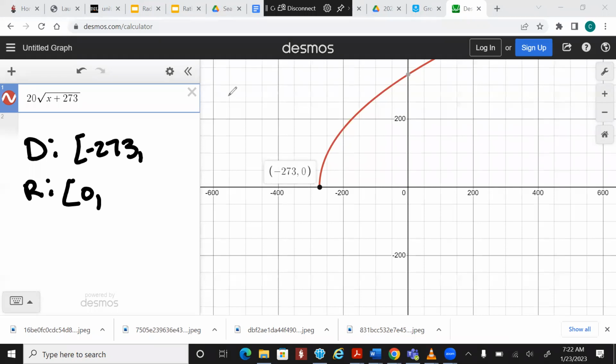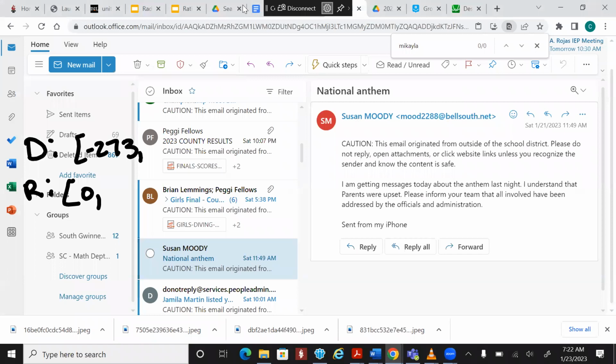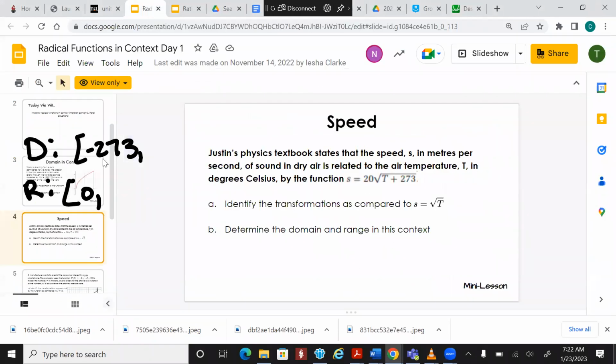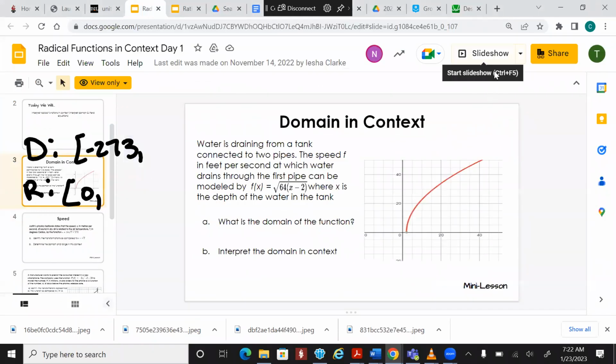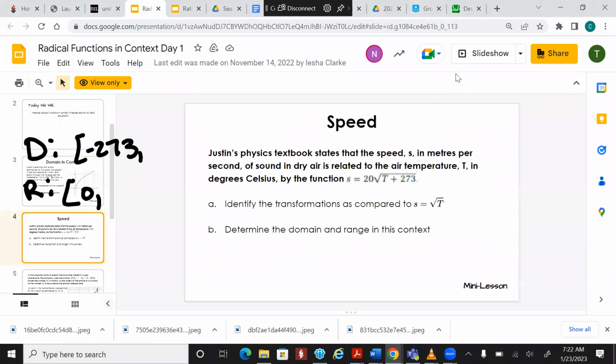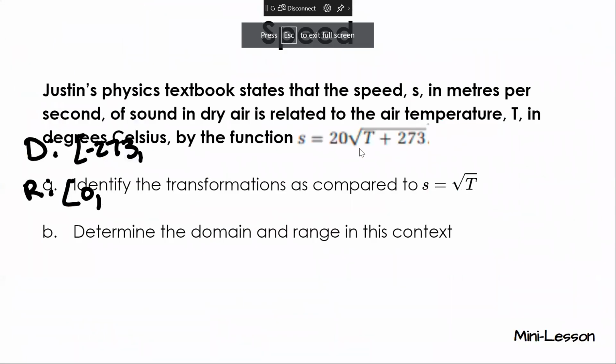Let's go back to our word problem because we want to determine this in context. There we go. And back to my word problem. Remember, it says that S is in meters per second, and it's related to air temperature. Okay, so we have negative 273 degrees Celsius. How hot can it get?